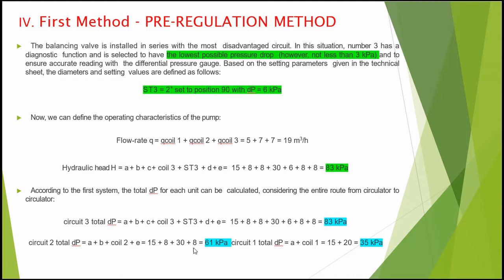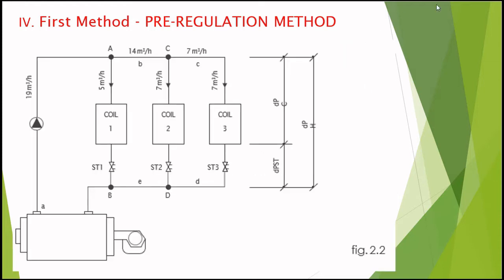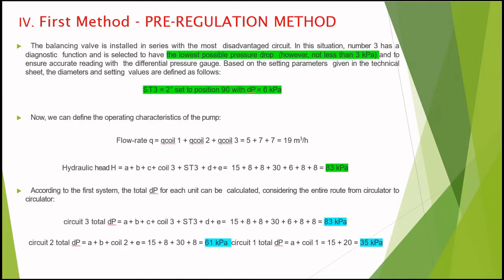If you substitute these figures, you will get total dP in coil number 1 of 35, and in coil number 2 of 61.